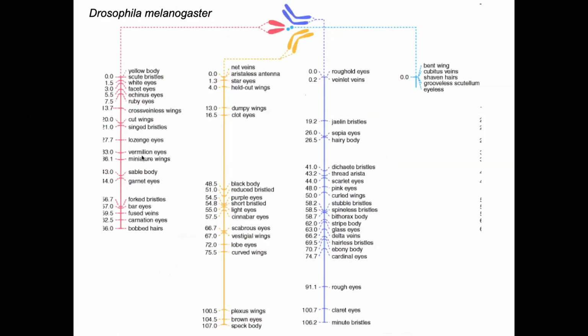So you see there are 4 different chromosomes represented in this map. They're all sized differently, and they have different numbers of genes that have been localized to those chromosomes. But the idea is that individual genes have been localized to individual chromosomes within the Drosophila, the fruit fly genome.